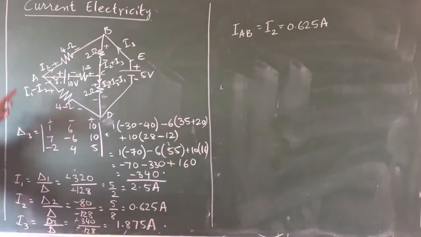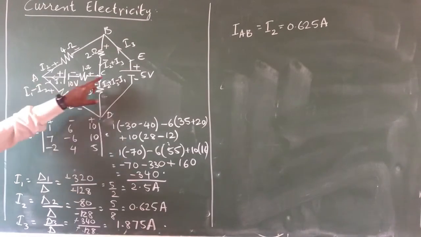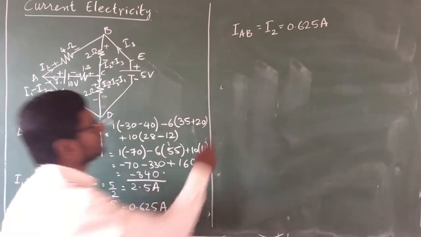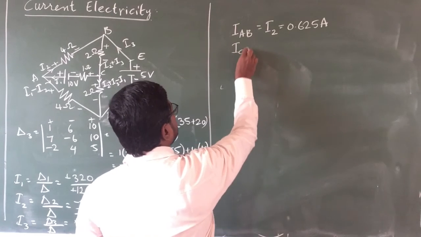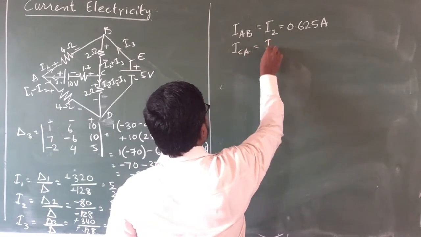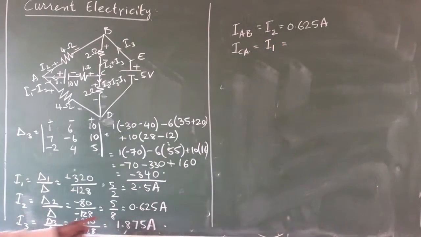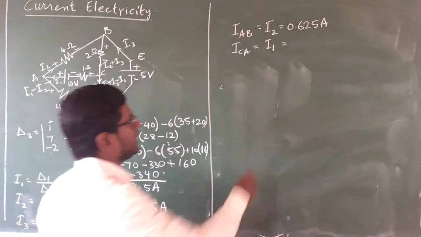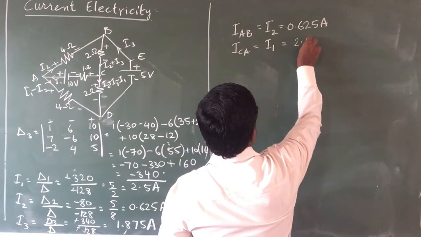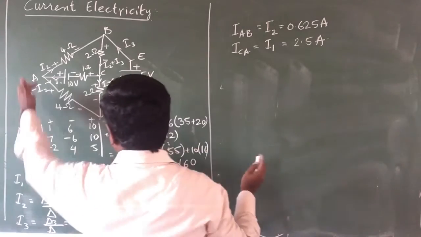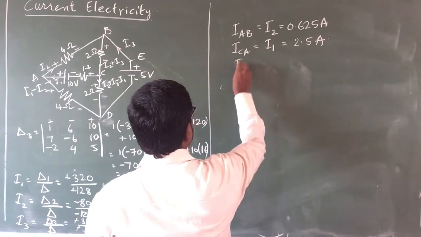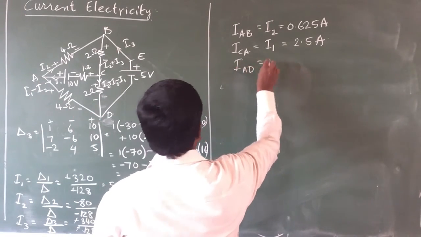Then next branch. Let's deal with only the A part. Let us say C to A. What is the current, I of C to A? It is I1. The value of the current I1, we got it as 2.5 ampere. Then another branch coming from A is A to D. What is the current there?